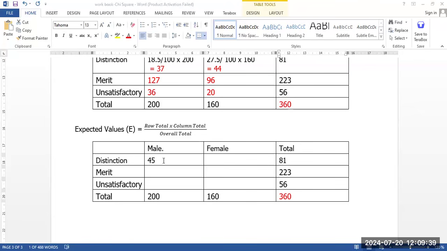So what do you get here? 45, then 36, then 124, then 99, then 31, then 25. Colleagues, are you getting the same values?